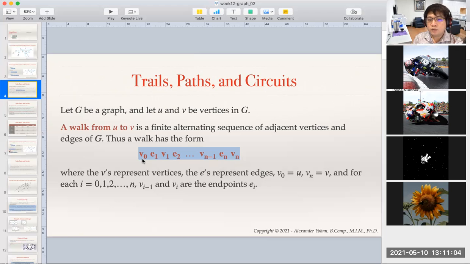And this V0 here is equivalent to vertex U, and Vn here is equivalent to vertex V. And for each i from 1 until n, the vertices V(i-1) and Vi are usually the endpoints of edge Ei.